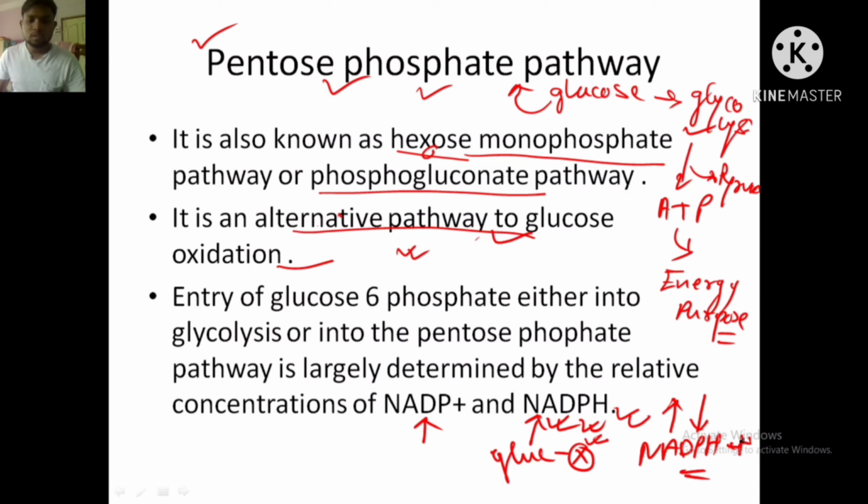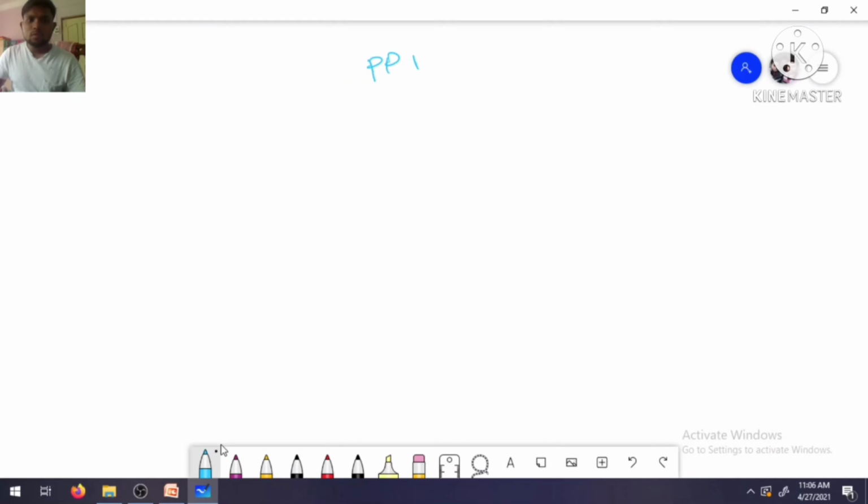Got it? So this is the reason cells allow pentose phosphate pathway for oxidation of glucose. Okay, I hope you got the point. And this pathway has so many importance, so that we'll learn at the end of my class. So pentose phosphate pathway, this is divided into two stages.